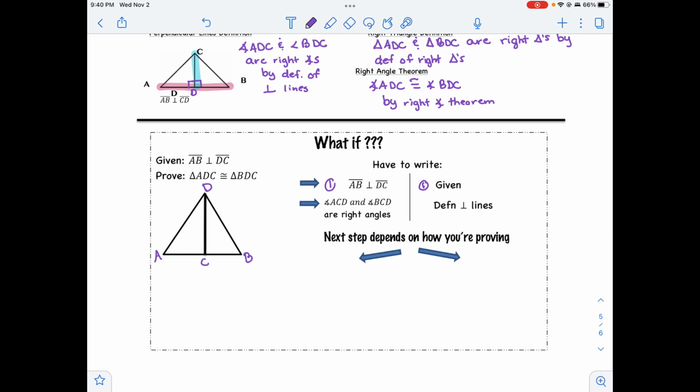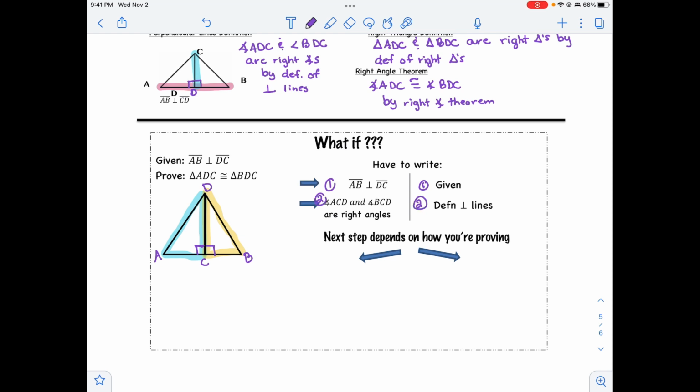And then to help us prove that triangle ADC is congruent to the BDC triangle, what we would use is we could say that angle ACD, which would be this angle here, and BCD, this angle here, are 90 degrees or right angles because of the definition of perpendicular lines. So this could be 2 and 2.